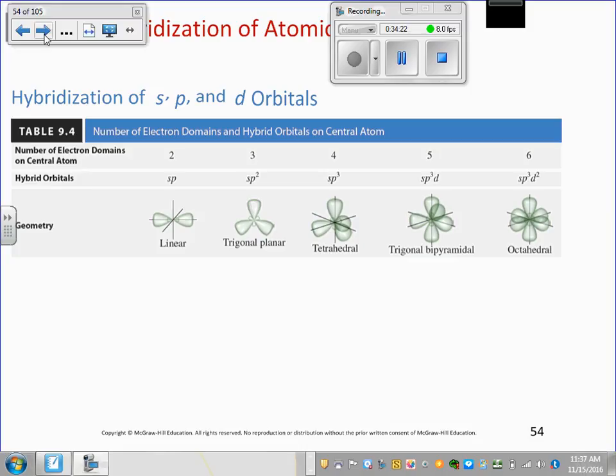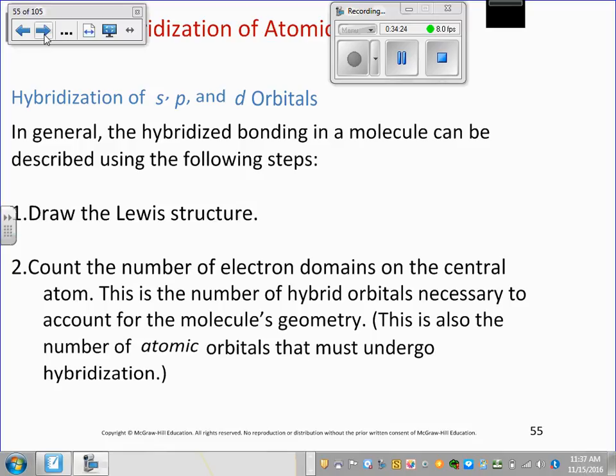So in general, how you do this: you draw the Lewis structure, count the number of electron domains on the central atom. That's the number of hybrid orbitals necessary to account for the molecular geometry. It's also the number of atomic orbitals that have to undergo hybridization.